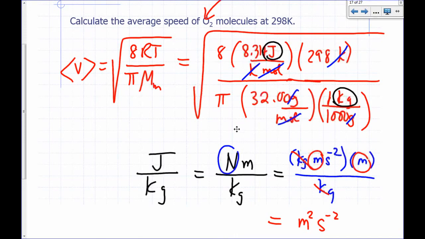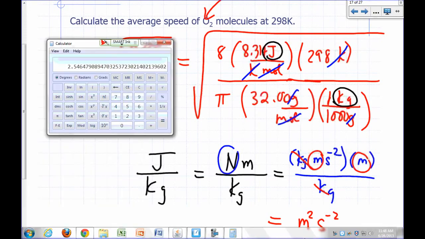So let's plug in all these numbers. 8 times 8.314 times 298, divided by pi, divided by 32, and divided by 1 over 1,000, so you multiply by 1,000, and that gives you 1.97 times 10 to the 5th.